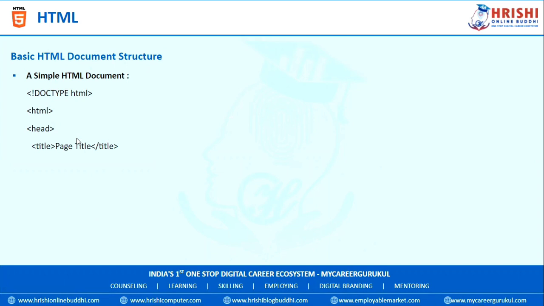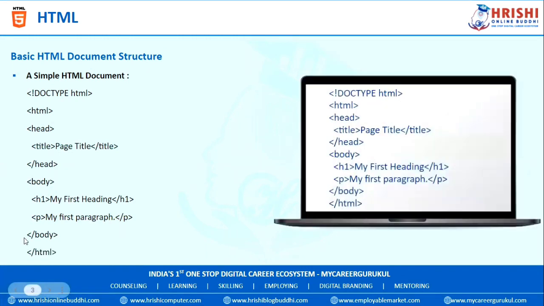My page title appears as the page title above. Then closing of the head tag, then opening of the body tag. In body we can store headings, paragraphs, images, video, audio. For example, now I am taking a heading and a paragraph. Then closing of body, and at last we close the HTML tag. So this is the basic flow of a document or a code.